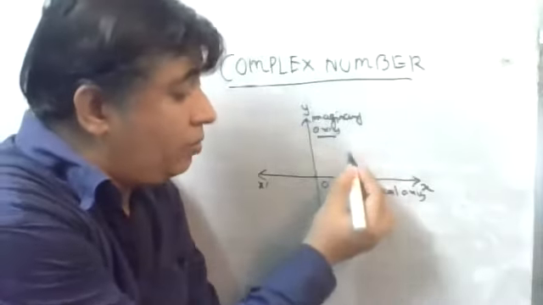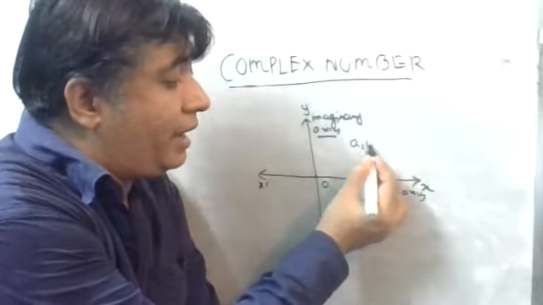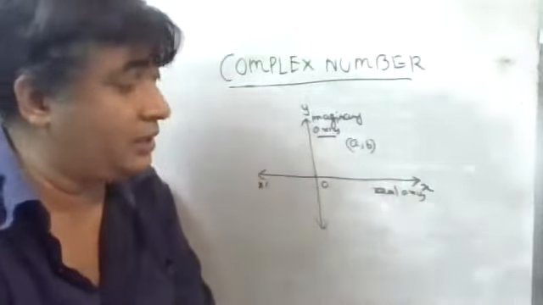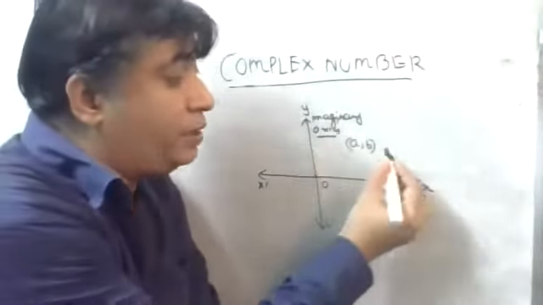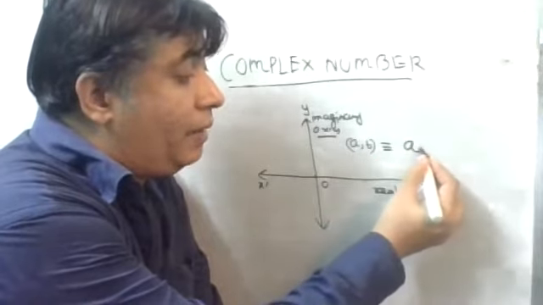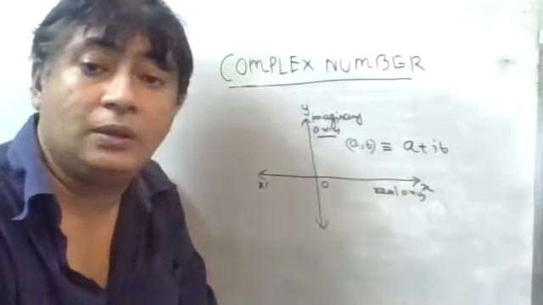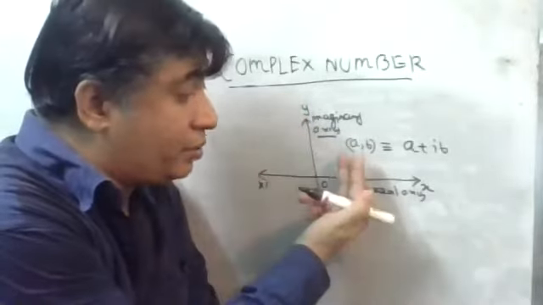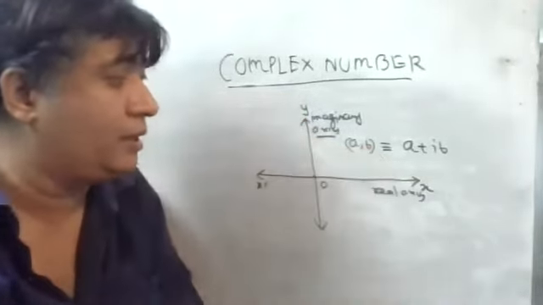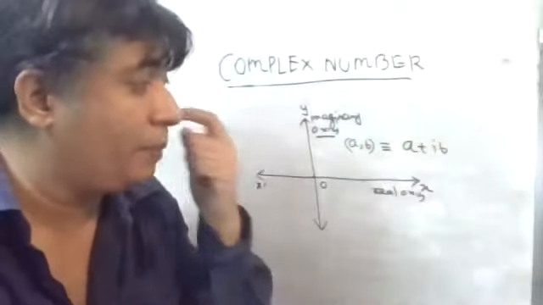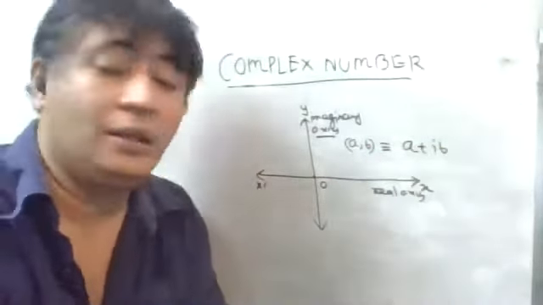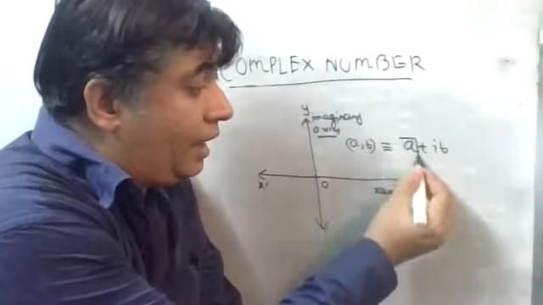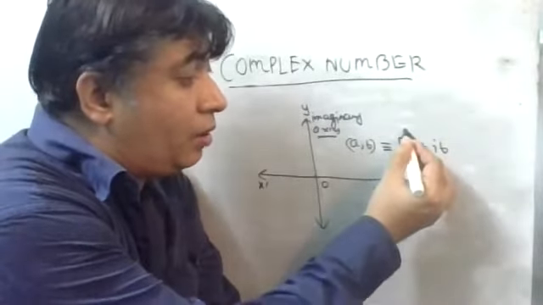Now, if you consider a point, say (a, b), as you used to in coordinate geometry, in the complex plane it will be described by a plus ib. A point which is considered in coordinate geometry by the ordered pair (a, b), in complex number will be denoted by a plus ib, where a is the real component.